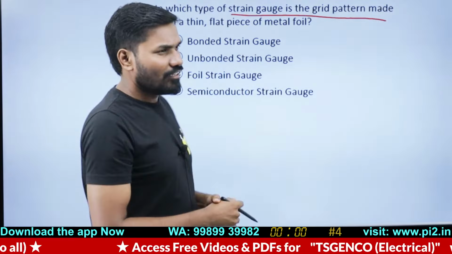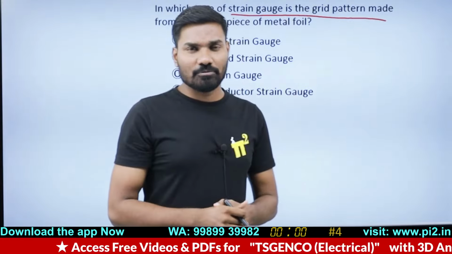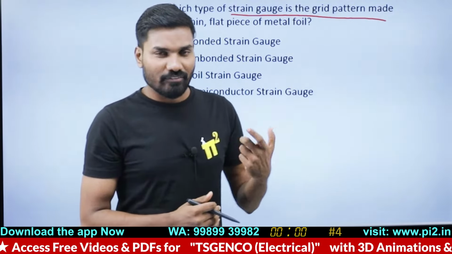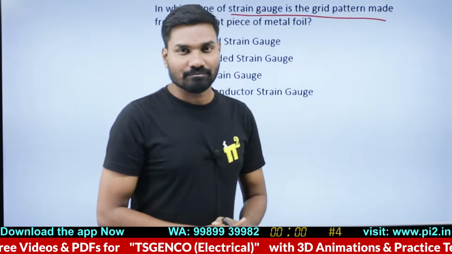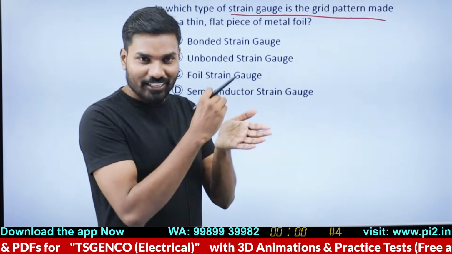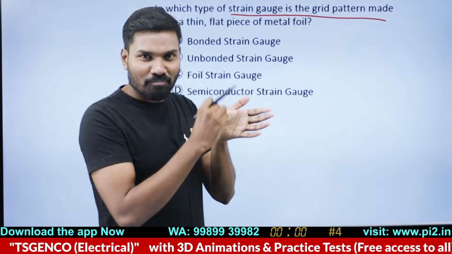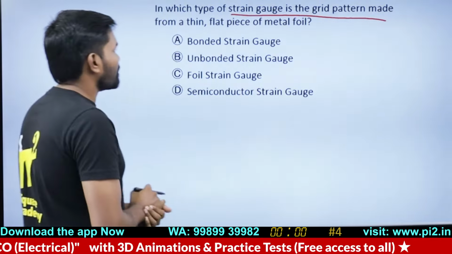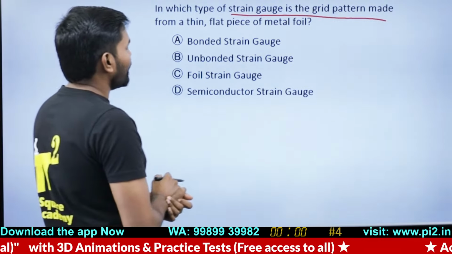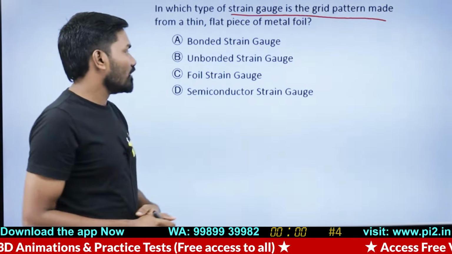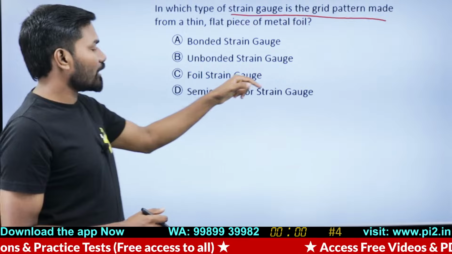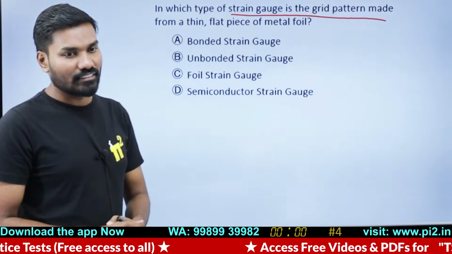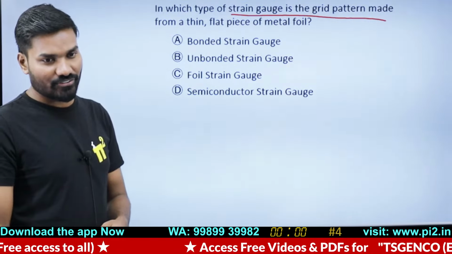Etching, as you must have seen with PCBs, means removing some part of it. So it is making a grid. Basically, it is a foil type strain gauge.